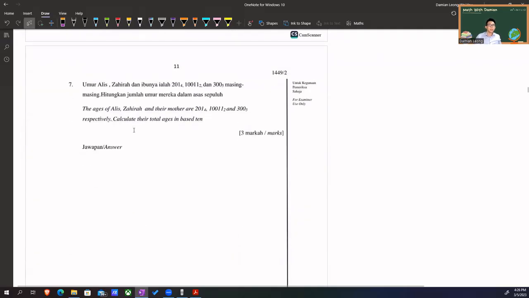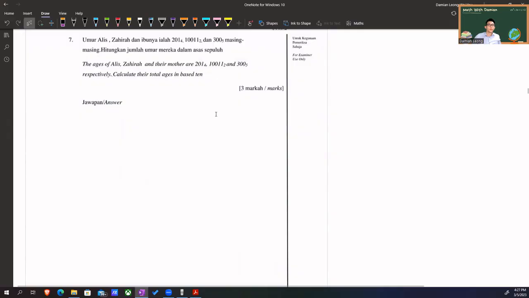Question 7. This is base numbers. So the ages of Alice, Zahira, and their mother are 201 base 4, 10011 base 2, and 300 base 5, respectively. Calculate the total ages in base 10. So I want the answer in base 10, means all of it I convert to base 10 first.